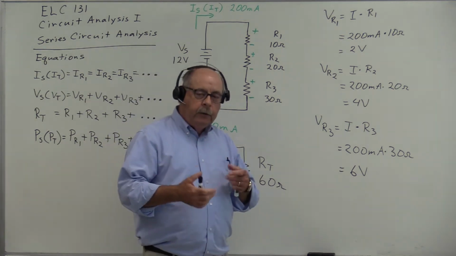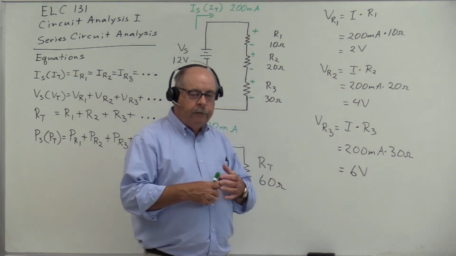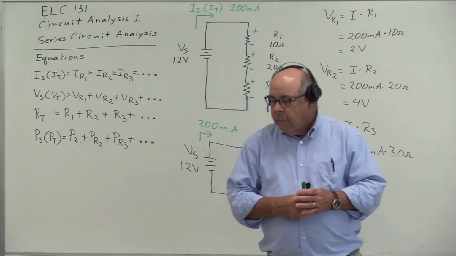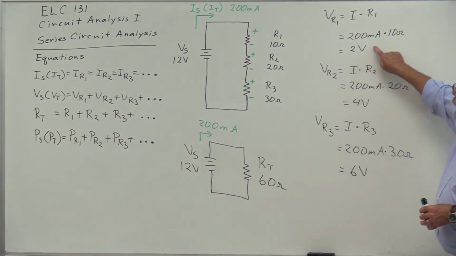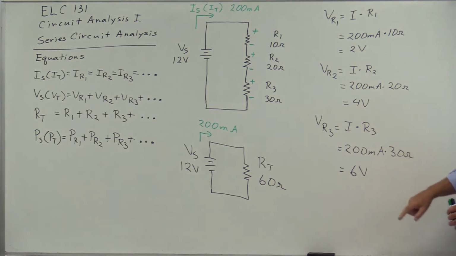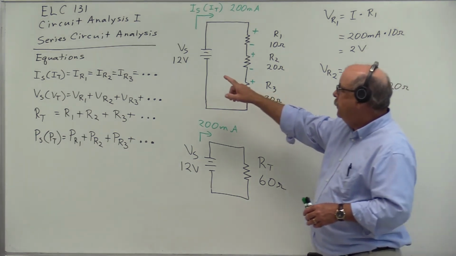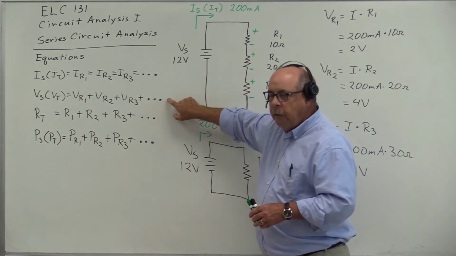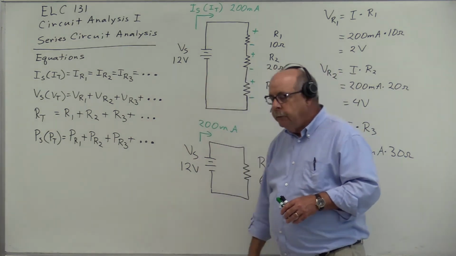Now we'll go back and do a quick check to make sure that we haven't made some blunder. And 2 volts plus 4 volts plus 6 volts indeed add up to 12 volts. So we know that this equation is true.